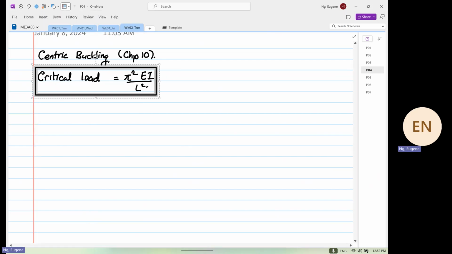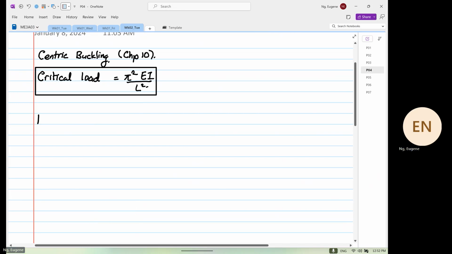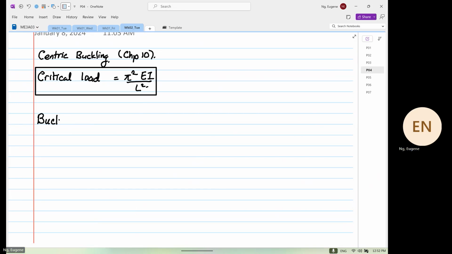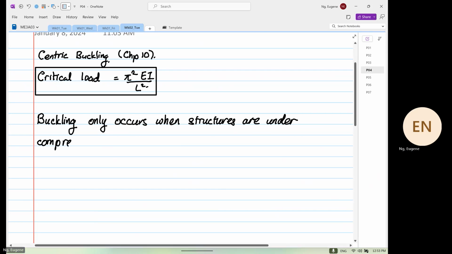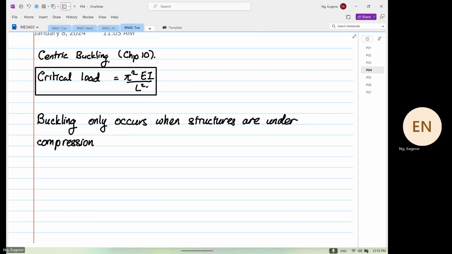Right. So we know that buckling only occurs when structures are under compression, axial loading only.